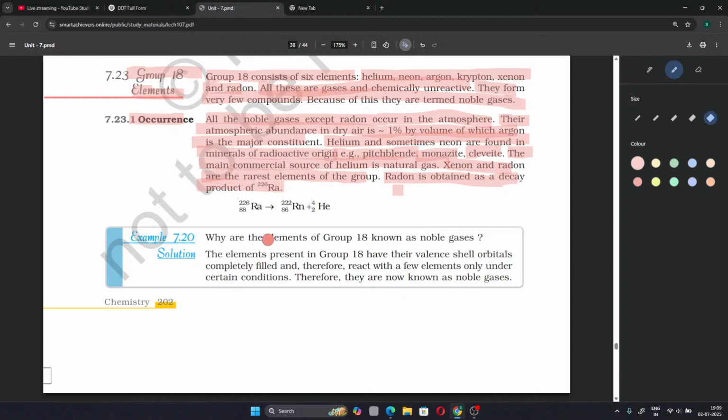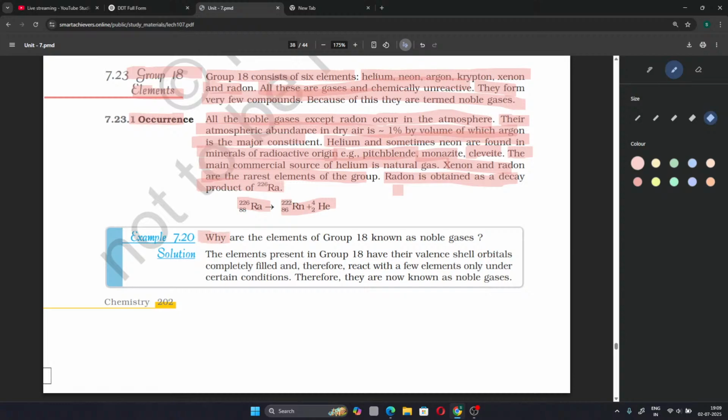When 226 radium decays, it gives radon plus an alpha particle. This is the alpha decay of radium. Maybe because it is obtained from radium, they gave it the name radon.